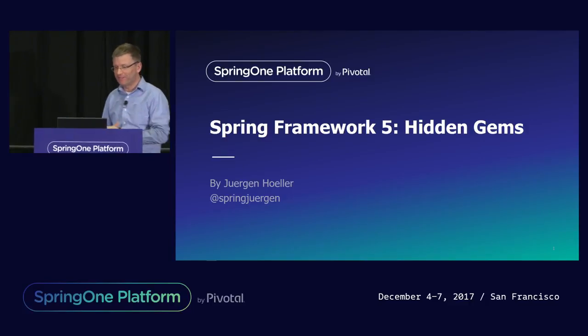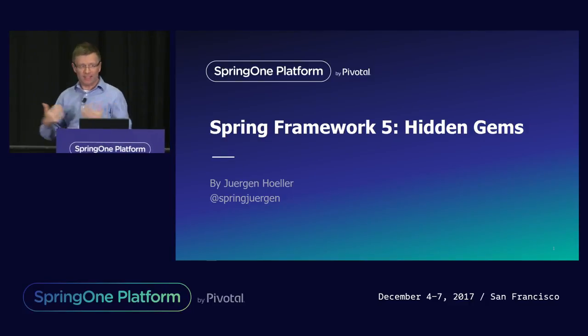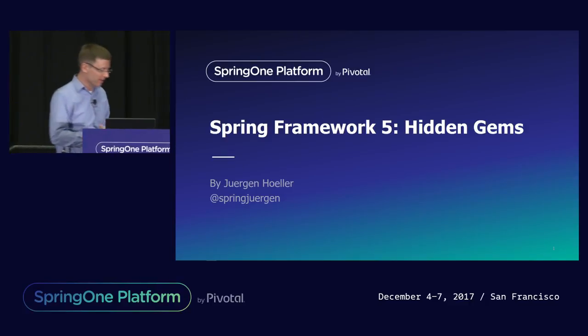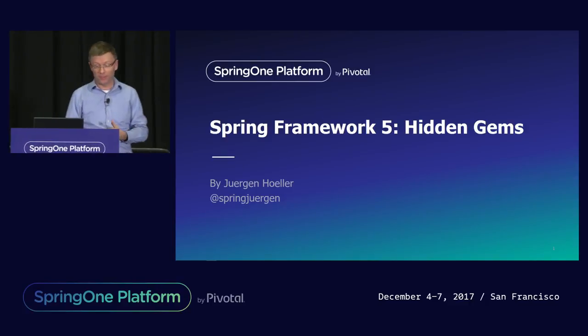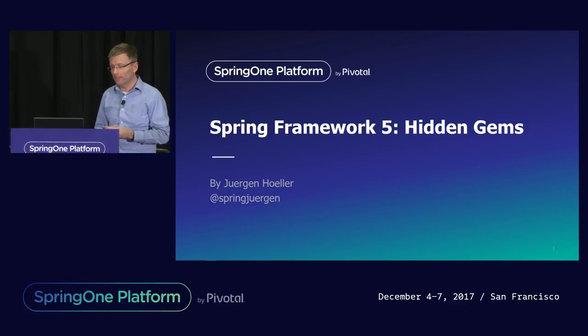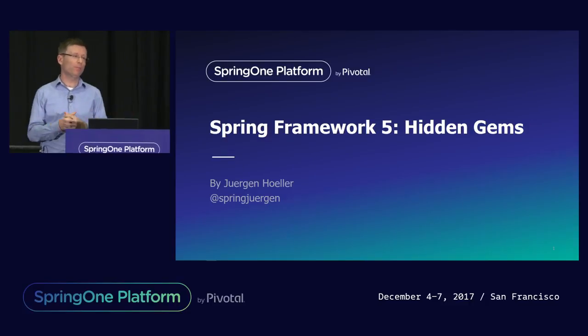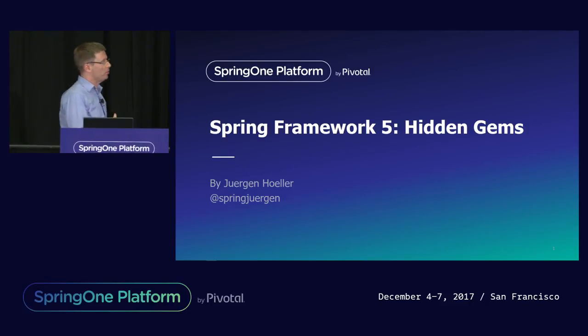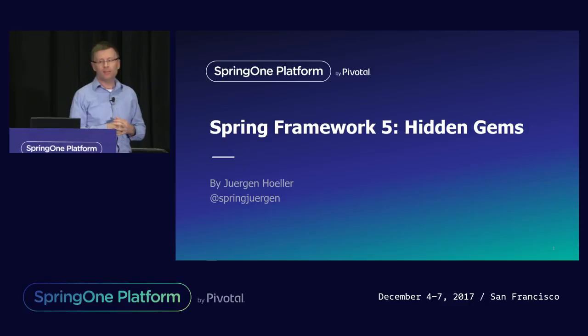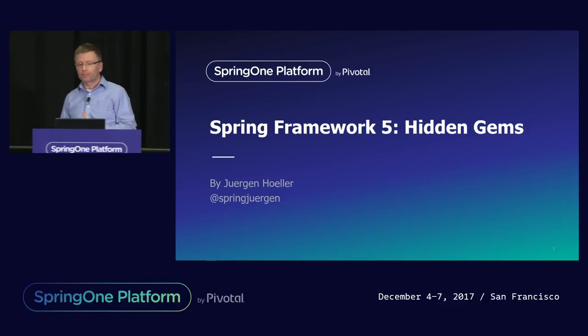Spring Framework 5 is GA, but it's of course only making its way into newly set up projects at this point. Anyway, for the purposes of this session, I chose to take once more a different perspective. This is not a general Spring Framework 5 introduction by any means, quite on the contrary.